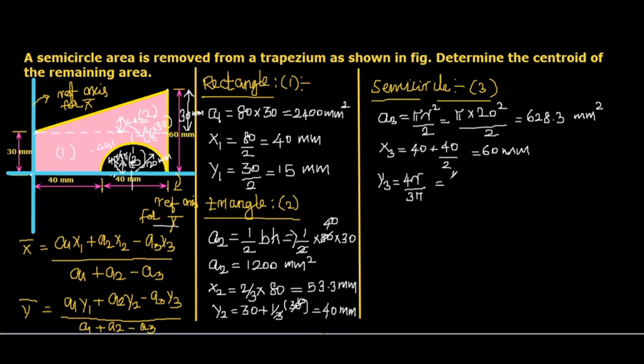We know the value of the radius: 4 multiplied with 20 divided by 3 pi. From this, y3 we can calculate as 8.5 mm. Now, all the values required for x bar and y bar we have calculated.